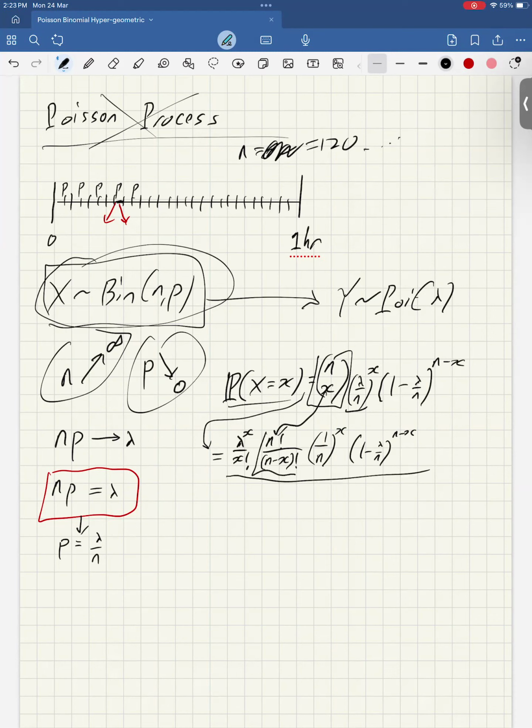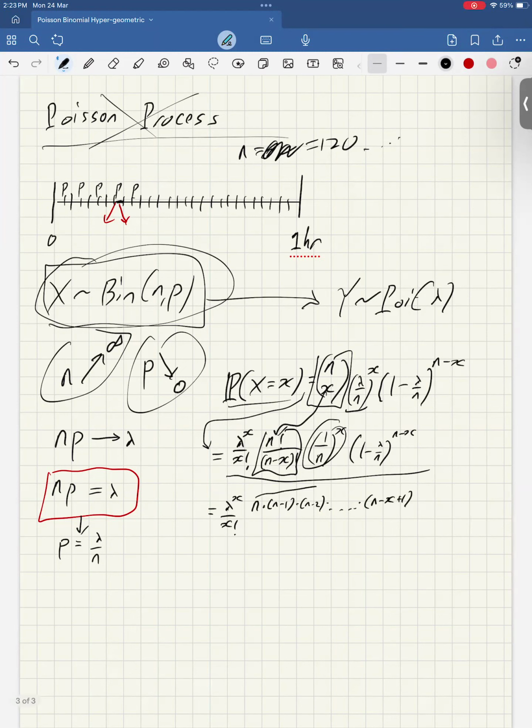Now, I want to take this component and write it in a slightly different way. I'm going to keep lambda to the power x and x factorial. But now n factorial over n minus x factorial is n times n minus 1 times n minus 2, all the way up to n minus x plus 1. We've seen this type of computation before.